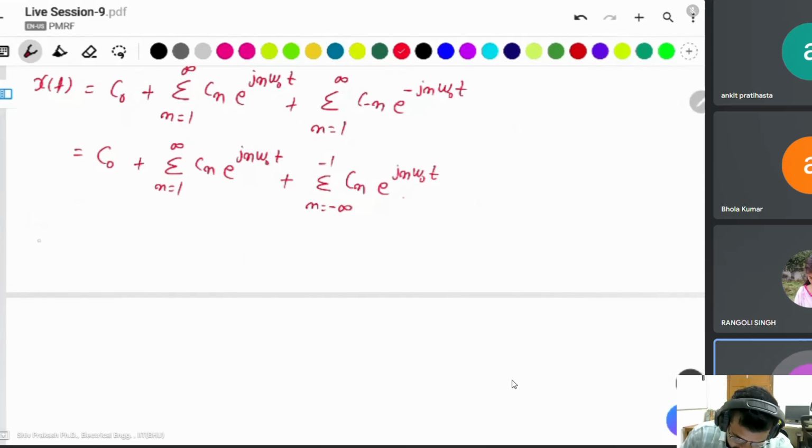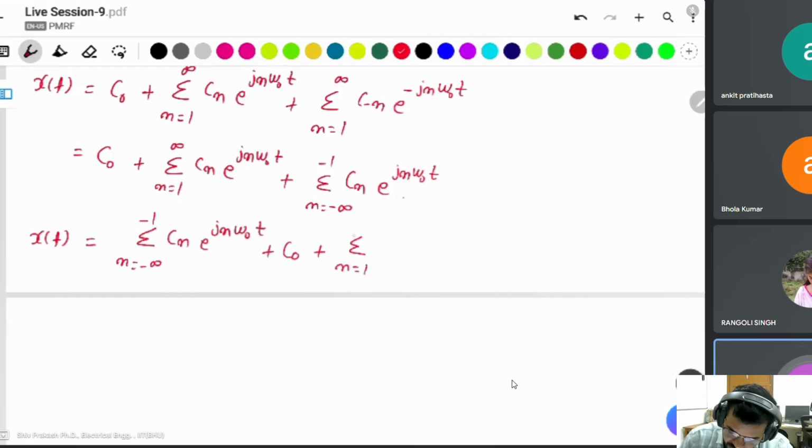Then you can rearrange the whole system as the summation of n equal to minus infinity to minus 1 of cn e^(j n omega naught t), plus c naught, plus the summation of n equal to 1 to infinity of cn e^(j n omega naught t). Then the whole system is written as the summation of n equal to minus infinity to plus infinity of cn e^(j n omega naught t).